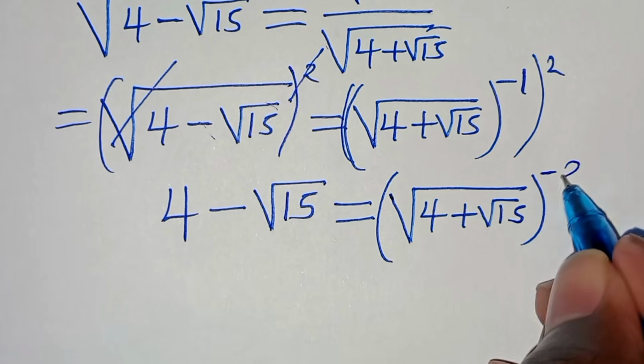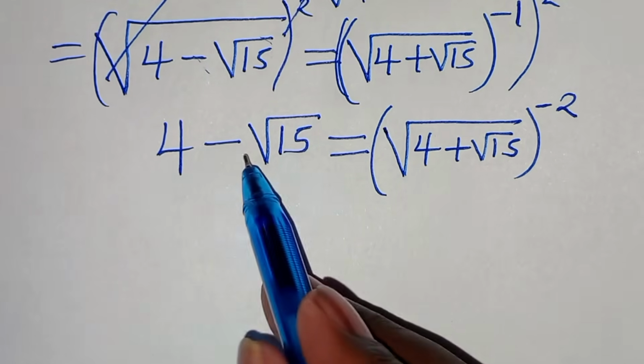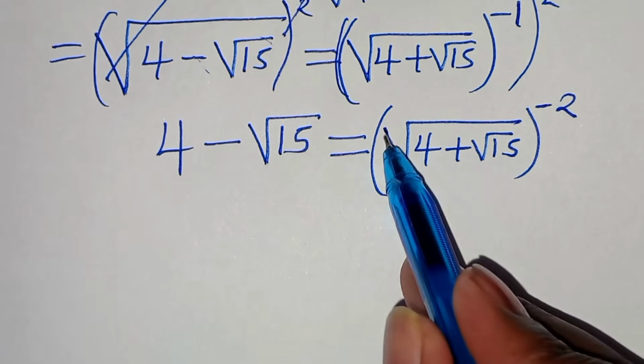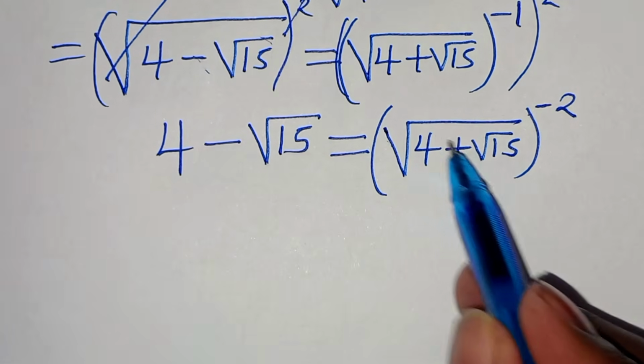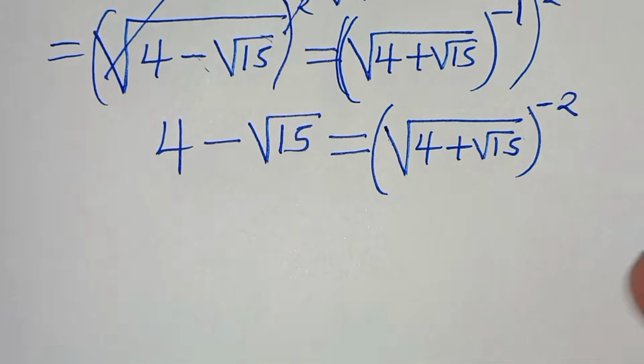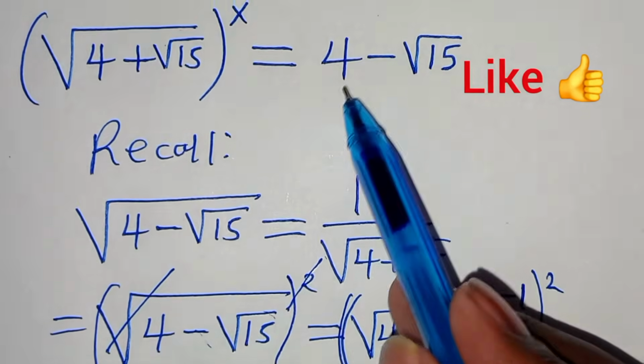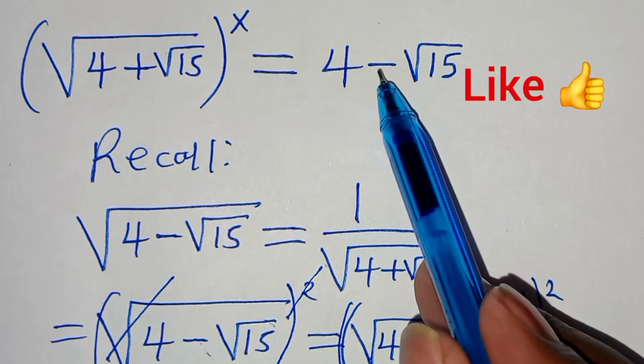This is minus 2. So 4 minus square root of 15 is the same thing as square root of 4 plus square root of 15 raised to the power of minus 2.